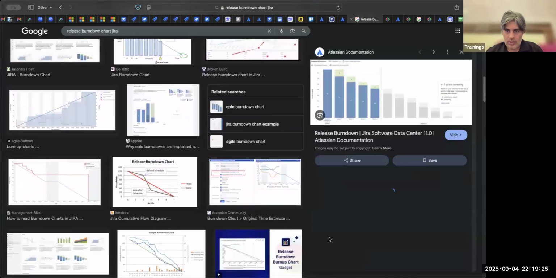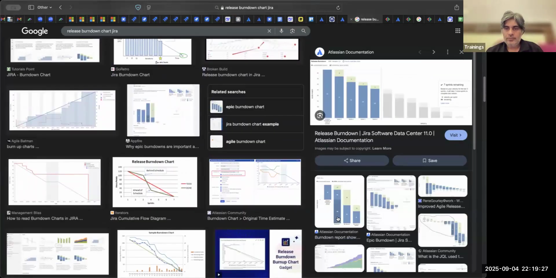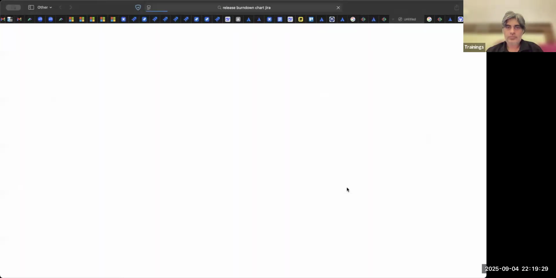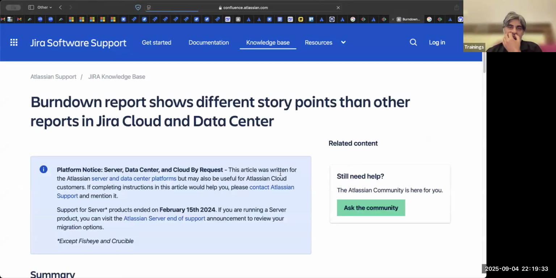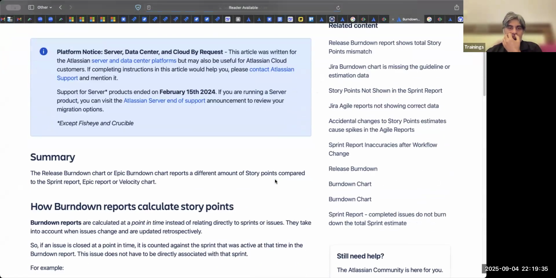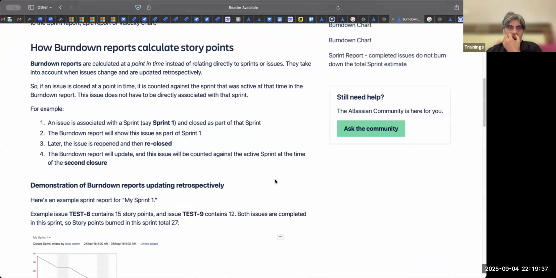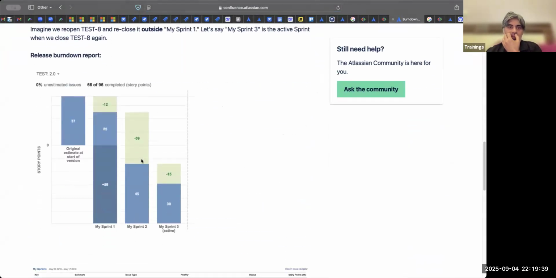I think this looks like a burn down to me. Another. See, 37 was the original estimation. Then sprint. This is a little different one because this time they added points to the release earlier.